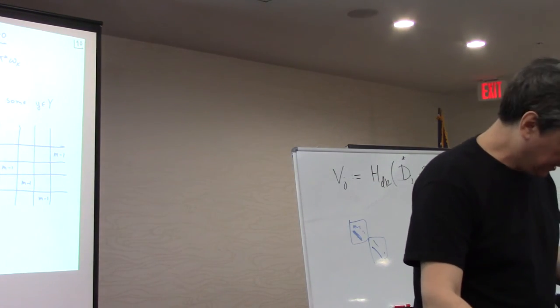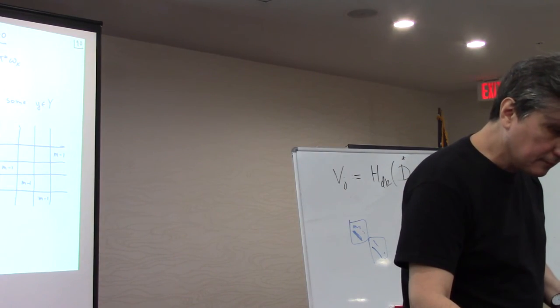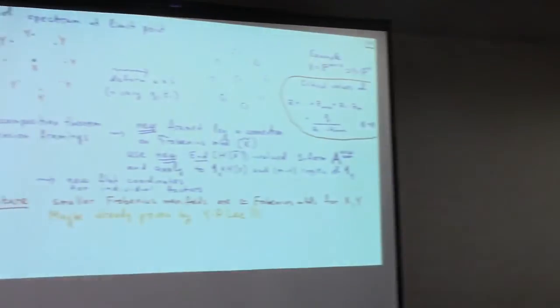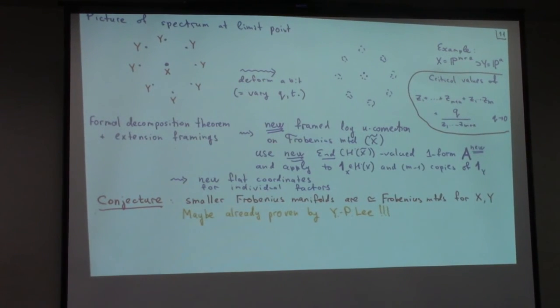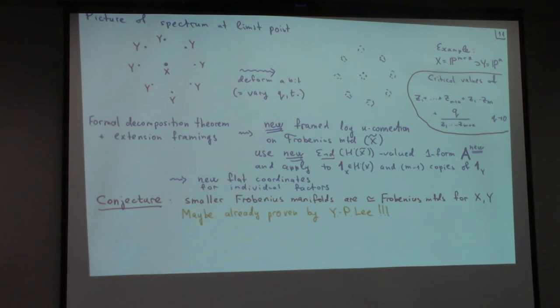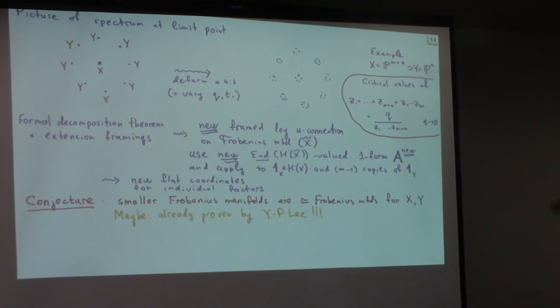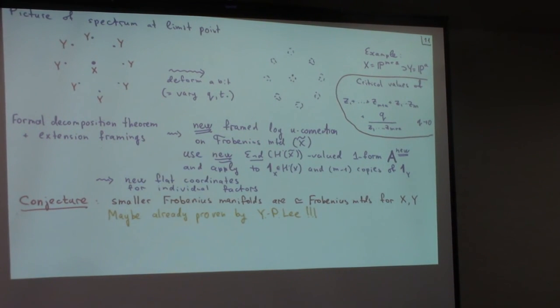Okay, yeah, so that's the calculation. And what really goes on? So consider the spectrum at the limit point. You have 0 and roots of 1 multiplied by a constant. So it's an x of y with homology of x, homology of y, many times.